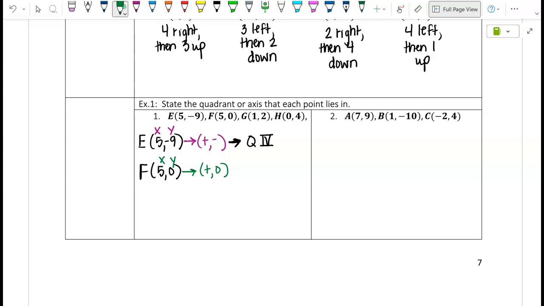So if I go 5 to the right and I don't go up or down, which axis will that point lie on? The x-axis, because I'm going to the right, that's my horizontal axis. So 5, 0, it's not in a quadrant, it's on the x-axis. If it's on an axis, it can't be part of any quadrant.